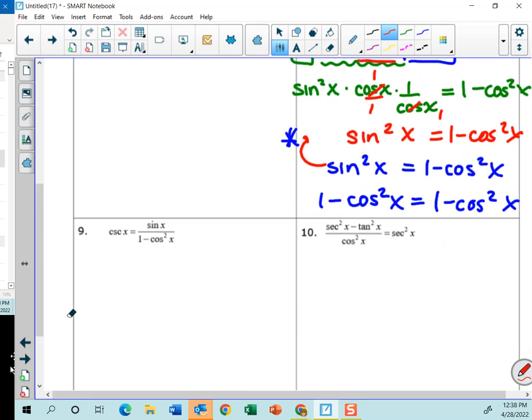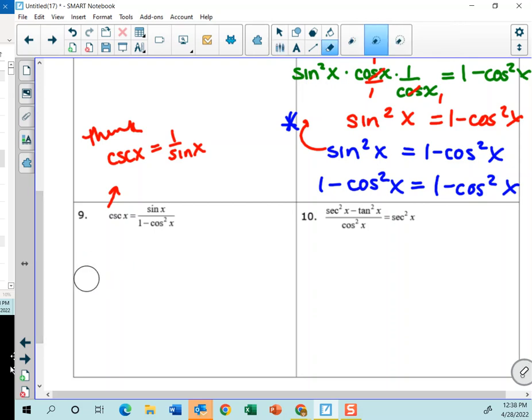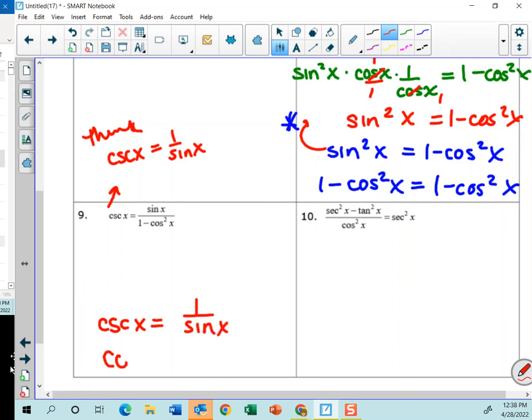I kind of think something similar on number 9, because I look at this side and I think, I know cosecant is 1 over sine. So maybe if I can figure out how to get cosecant x to 1 over sine, then I can finish this and only change one side.